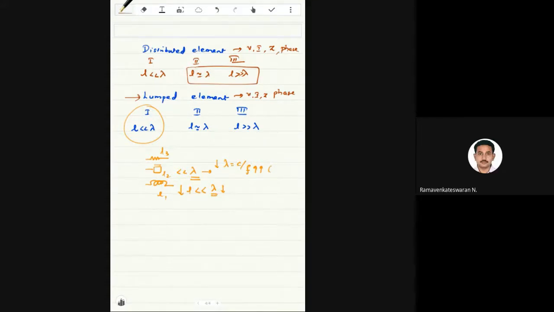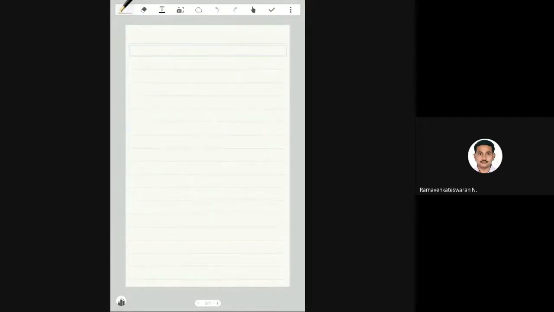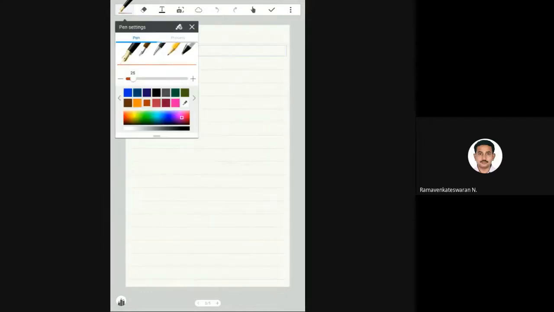With that, I'll quickly go into the circuits. Let us start here itself. This is my transmission line. I'll take another color, another page, some dark color.